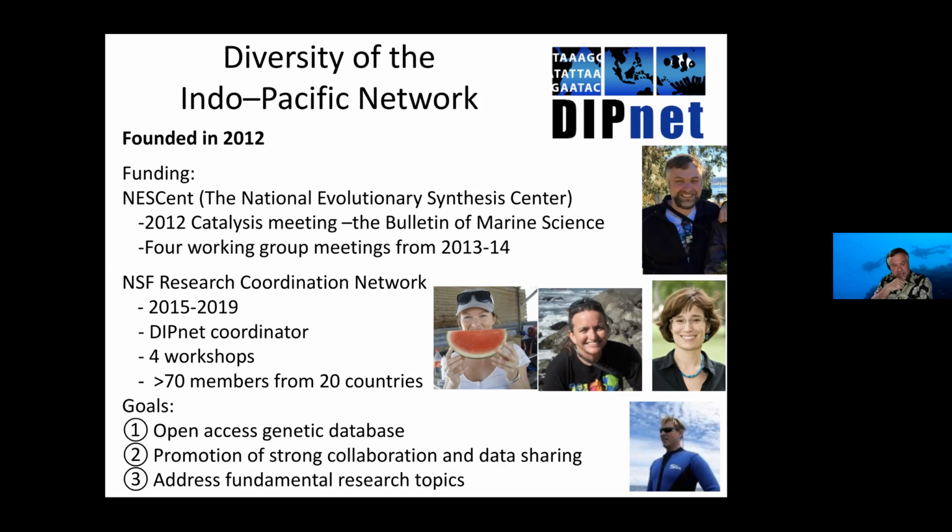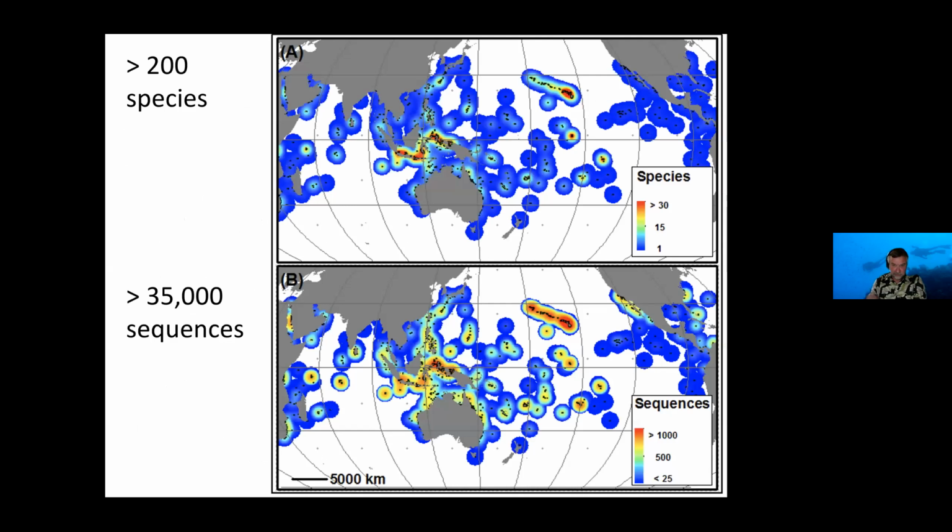Our goal is to make all of the data available and openly available to them, so that they could put their data into the greater Indo-Pacific context. We wanted to promote strong collaboration and data sharing, and then we had a couple of fundamental research topics that I'll talk about in the second half of this presentation.